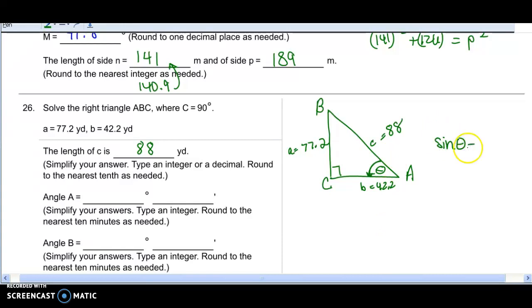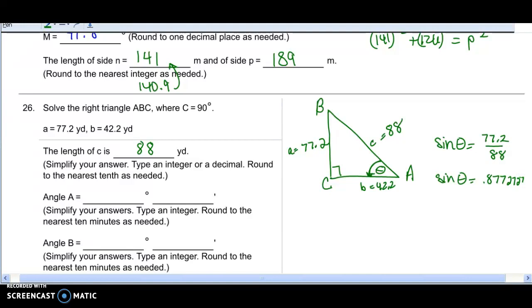Sine theta is equal to what? Opposite over hypotenuse. So opposite is 77.2. Hypotenuse is 88. So sine theta is equal to 77.2 divided by 88. And we get sine theta is 0.87727727.